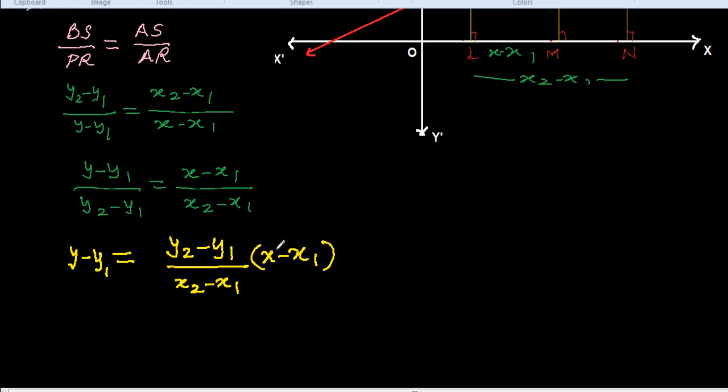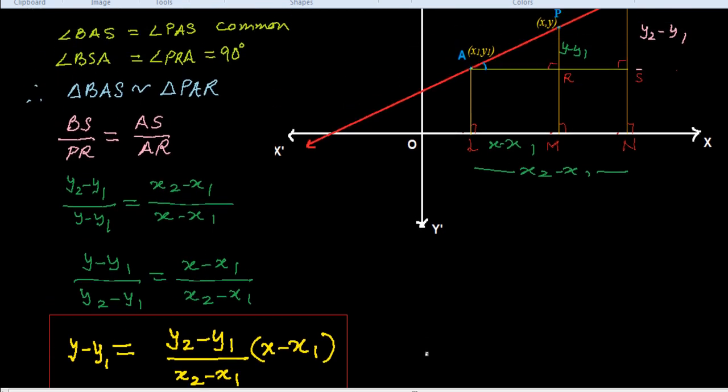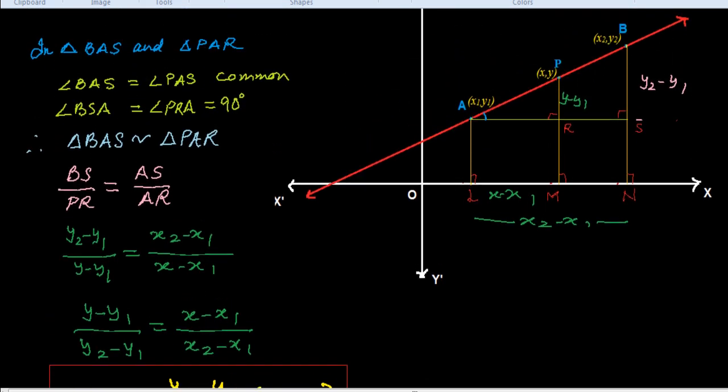So this is the first way we have seen to find the equation of a straight line. Now I would like to tell you something else about the slope of the line.